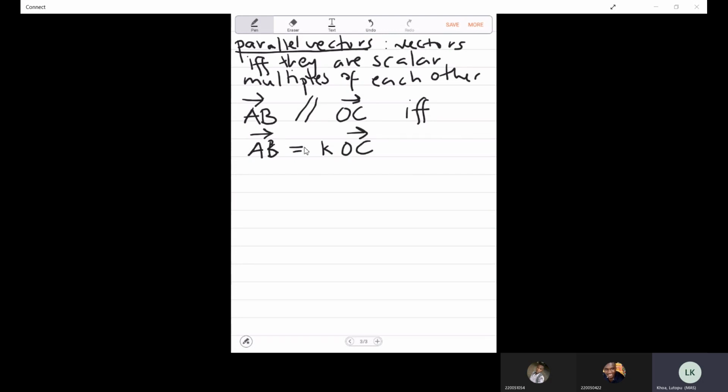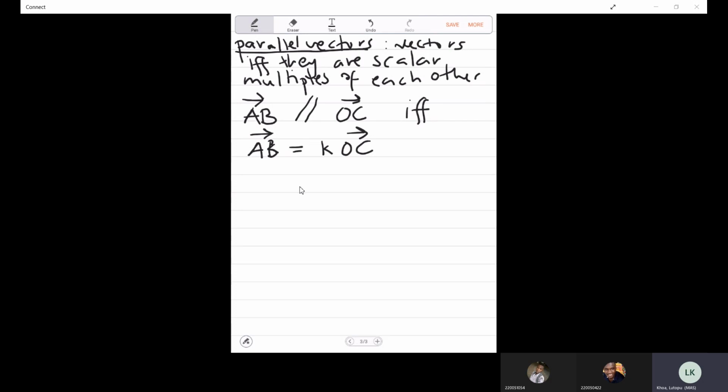So if I can find a number that when I multiply OC by that number, I get AB, then the two are parallel to each other. It doesn't matter whether the number is positive or negative, as long as this is a real number, not zero, obviously, then the two vectors are parallel.